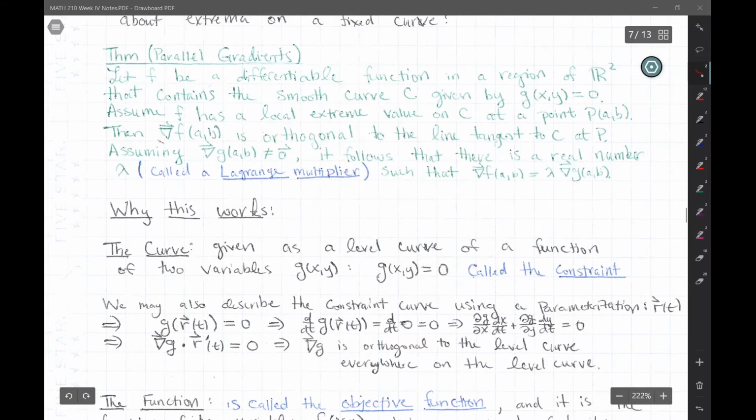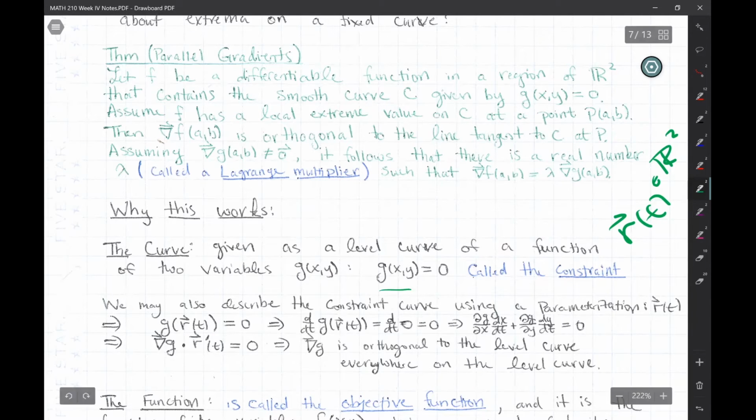So why does this work? Well, there's two things to consider here, okay? The first is the curve. And how can we describe the curve? I mean, one way to describe a curve is to give a parameterization, right? Some r of t that maps to the plane. That would give you a curve.